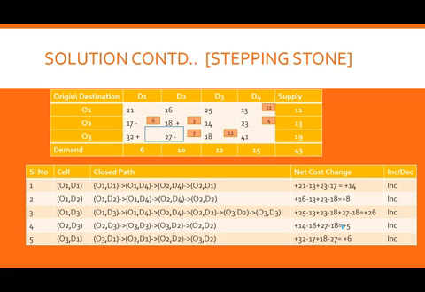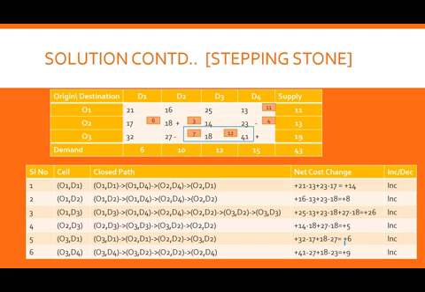So go to the next unoccupied cell, O3 D1. The loop that I get is O3 D1, O2 D1, O2 D2, O3 D2. Right? So the net cost change will be plus 32, minus 17, plus 18, minus 27, which will evaluate to plus 6, which is also causing an increase.